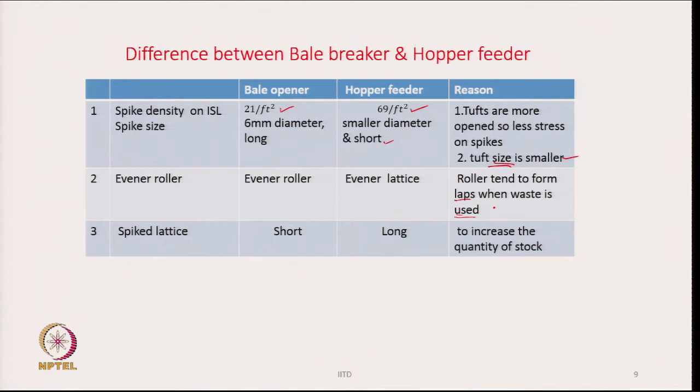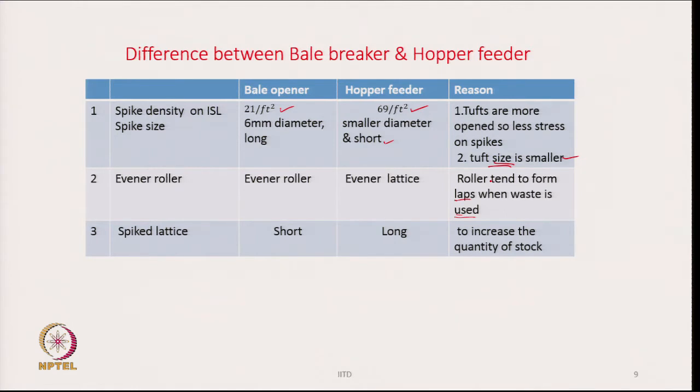To overcome it, if we replace the roller by a lattice, the possibility of rolling is less, that is, the roller getting filled up with a lot of fibers will not occur.